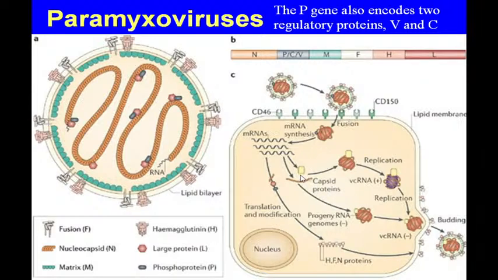translation occurs also of the capsid proteins and the regulator protein that help in the replication. So then the progeny RNA genomes will be produced because the positive sense RNA will be transcribed from the whole genome and used as a template to produce progeny negative sense RNAs.